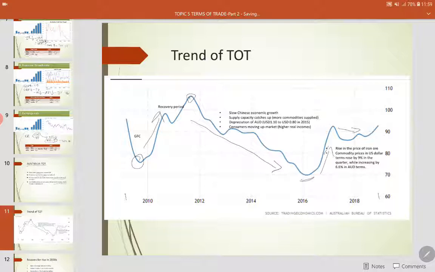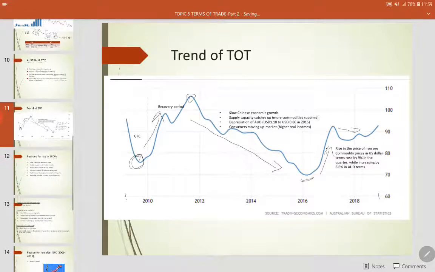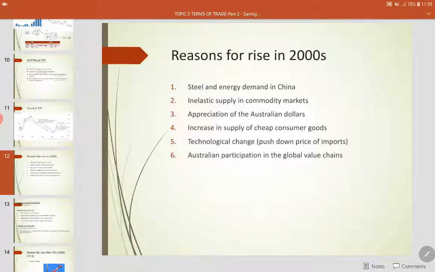So the GFC, as you know, is low due to the financial crisis itself, and of course after the crisis we should recover. Especially in the 2000s, why is TOT favorable? Because we have high demand for steel and energy from China, and our commodities markets are inelastic in supply, so we have appreciation of the Australian dollar.